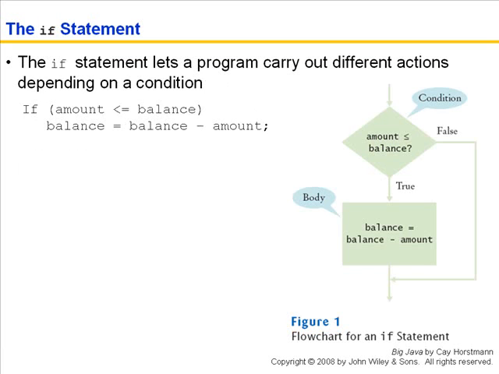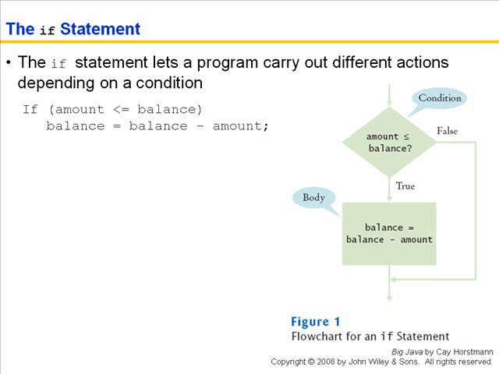Okay, here's a simple if statement. We're trying to withdraw money from a bank account, and you're writing the code for the withdrawal method. And you want to make sure that you only deduct that amount if they have enough money. We don't want to put an individual into a negative balance situation. So, on the left-hand side is the code.